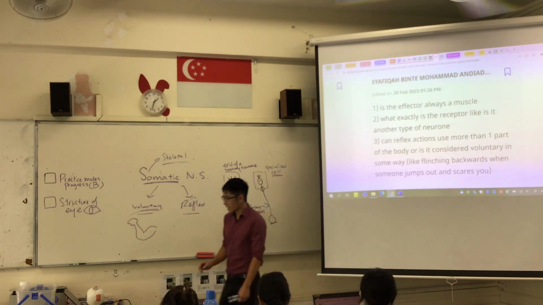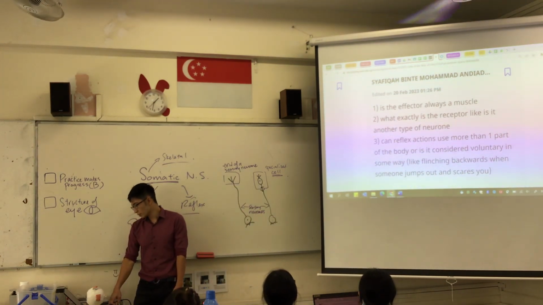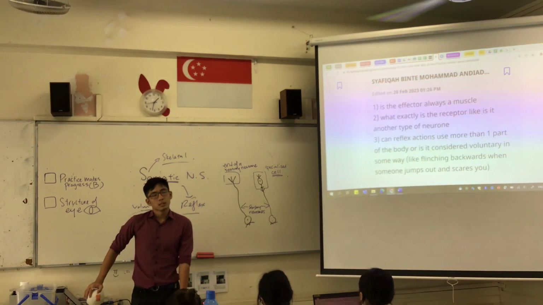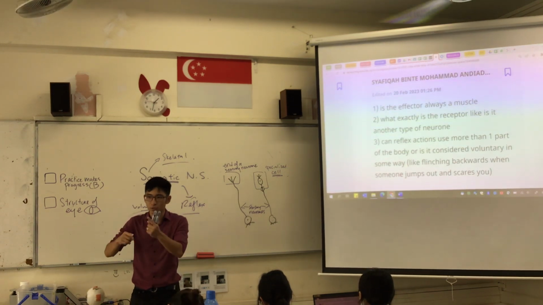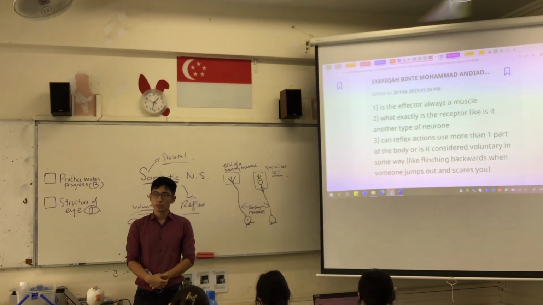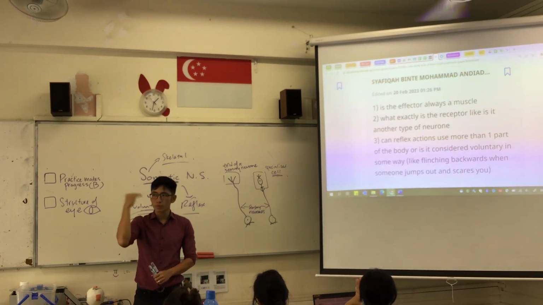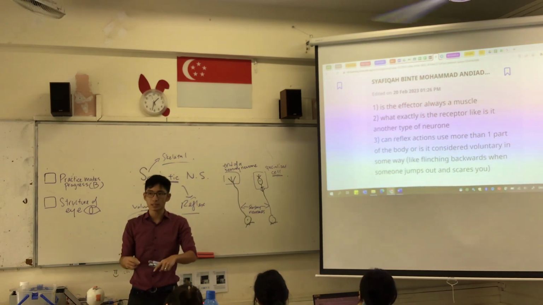Can reflex actions use more than one part of the body? That's a good question. I don't know if a reflex action often includes just one circuit to control one effector. But I can imagine how one stimulus can stimulate multiple different reflexes at one time.